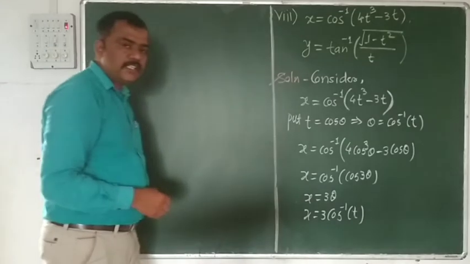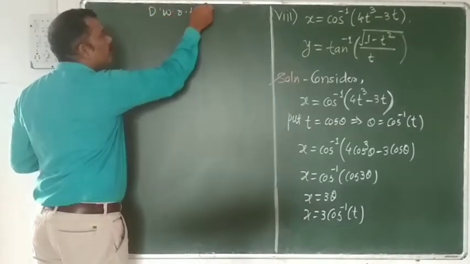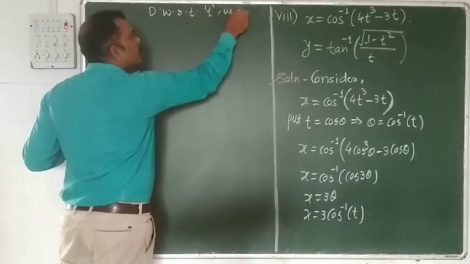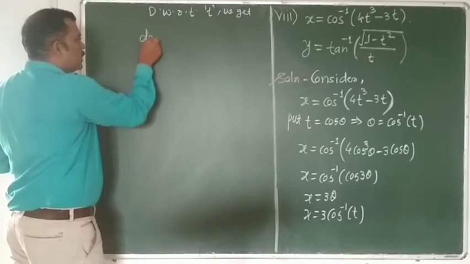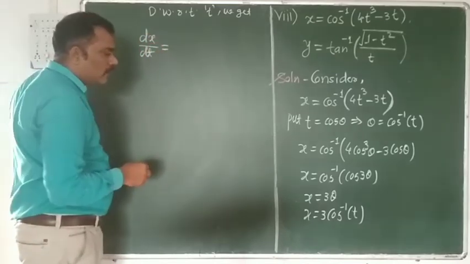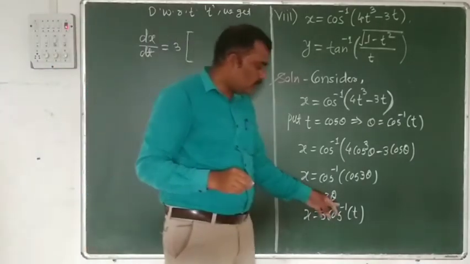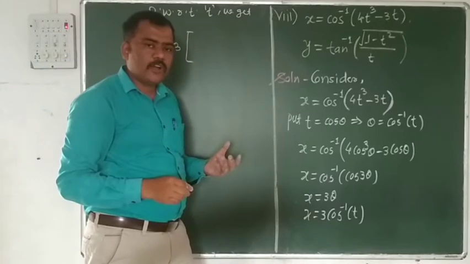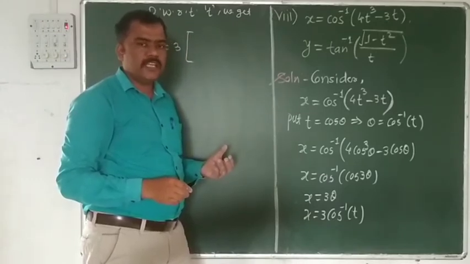Now we have to differentiate this with respect to t. We get dx by dt is equal to 3 into, what is the differentiation of cos inverse of t? The derivative of cos inverse of x is nothing but minus 1 upon square root of 1 minus x square.